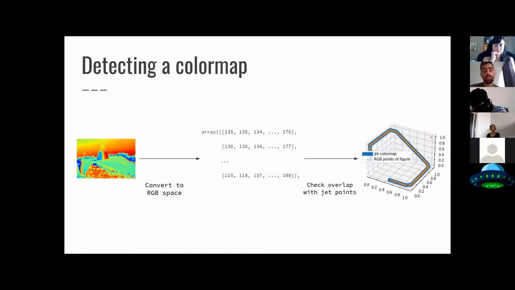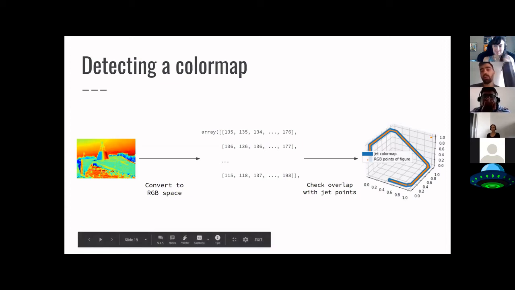And so an image is just really a collection of points in this 3-dimensional space, RGB. And accordingly, a color map is really just a continuous curve in this space. So what we have to do is to take these pixels, project them onto this RGB space, and just see if we have a sufficient number of points close to this color map line. So if we have sufficient points covering this line, we detect JET.